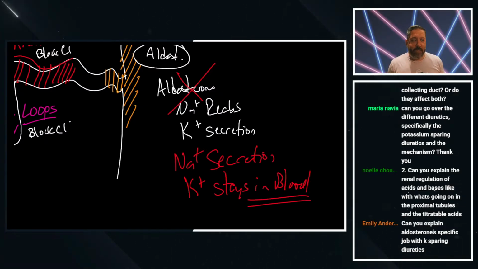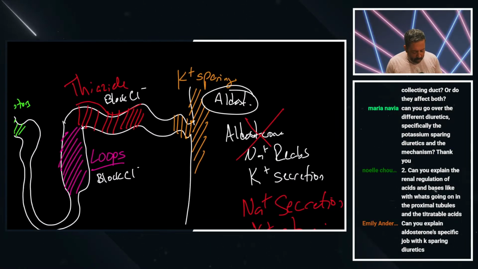And because the potassium stays in the blood, it's considered potassium sparing because we're able to keep the potassium in the blood and we're not going to drop our potassiums. Thiazides and loops, because we block the triple transporter we're not going to bring potassium out of the urine back into the blood. We stop that whole thing from happening.